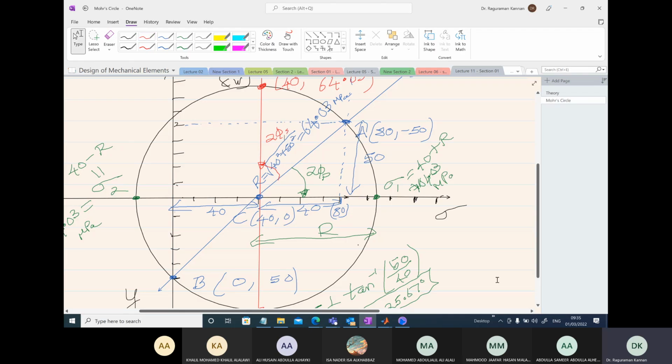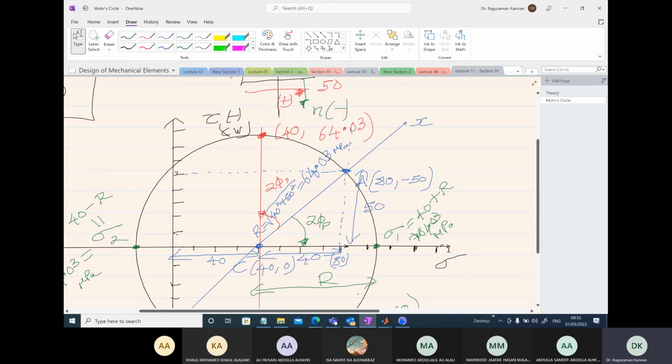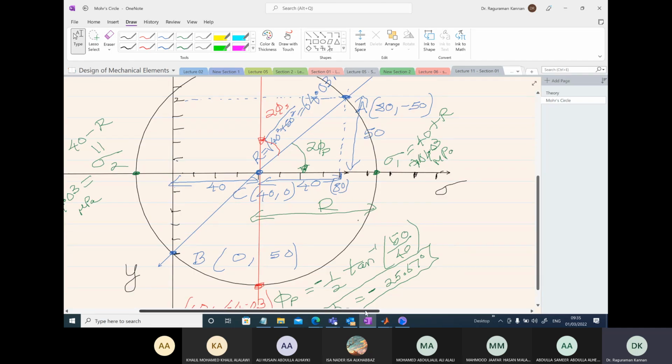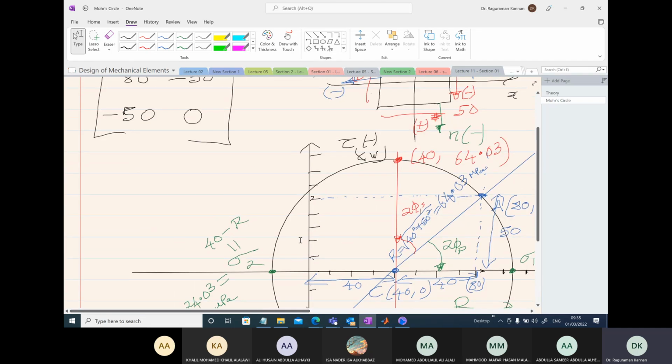Find the angle 2 phi s by writing the equation. I'm going to write it on the left hand side here. Phi s is going to be 1 over 2 tan inverse, opposite side by adjacent side.